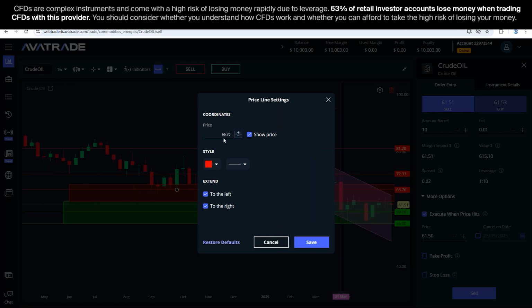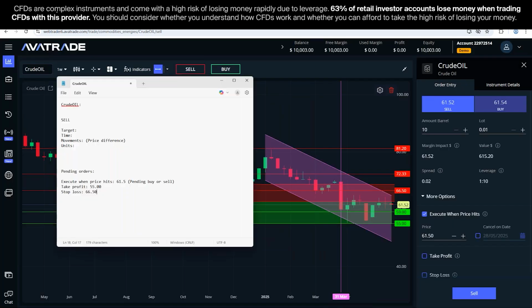Flatten that out. There we go. And we've got this as well. So from the entry, how far away are we? We're going to measure that now.